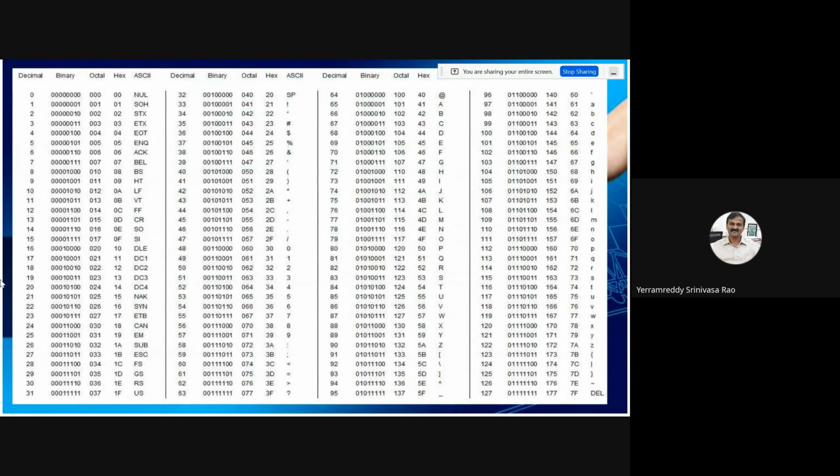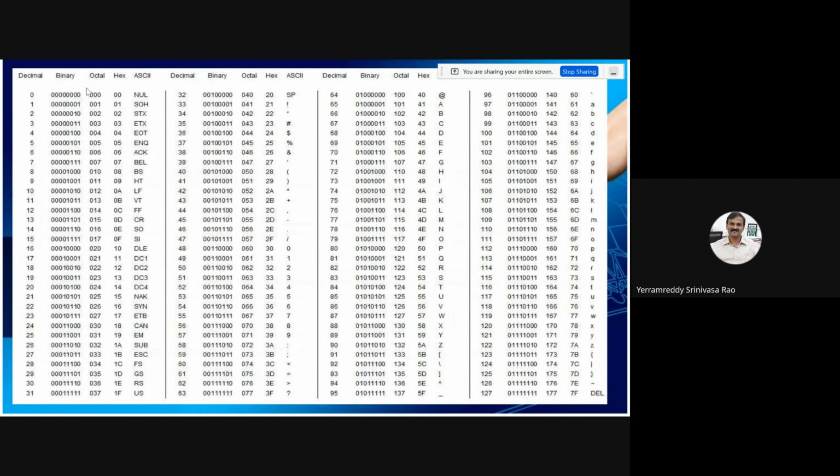I already covered the numbering system. Why are we talking about binary as the lowest level? Because it's made up of transistors. A transistor can understand either low state or high state, 0 or 1. But being human, it's very difficult to remember these combinations of binary.